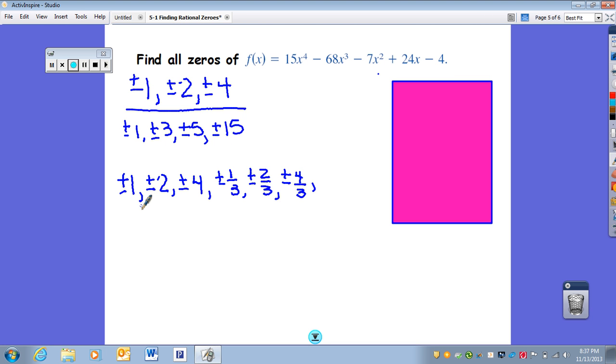So we have plus or minus 1/5, plus or minus 2/5, plus or minus 4/5. And then we take our numerator factors and divide by the last denominator factor. So we have plus or minus 1/15, plus or minus 2/15, and plus or minus 4/15.